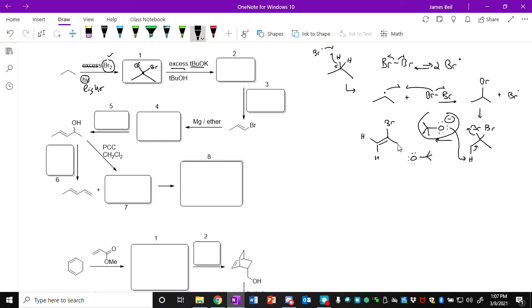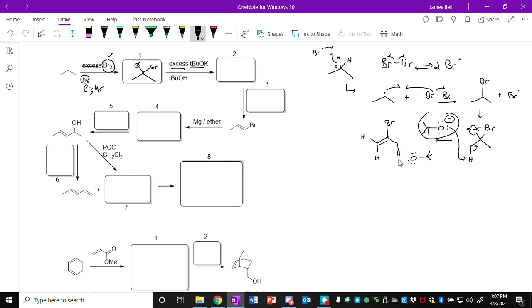I could imagine it picking off this proton, but when we talked about cumulated alkenes, we said forming two alkenes on the other side of the same carbon, it doesn't give the stability we see with conjugation. It's not as stable even as a triple bond.